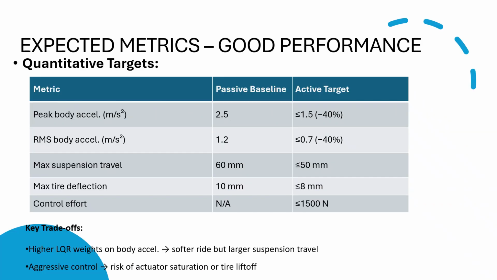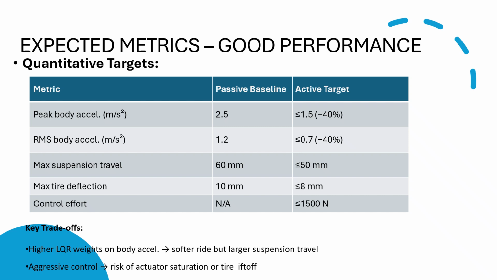This slide shows the performance targets we set before starting the design. In the context of my project, good performance means delivering a ride that is both comfortable for passengers and safe for vehicle handling, all while respecting mechanical and actuator constraints.